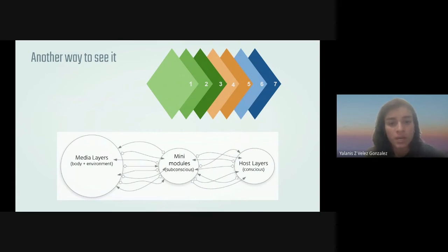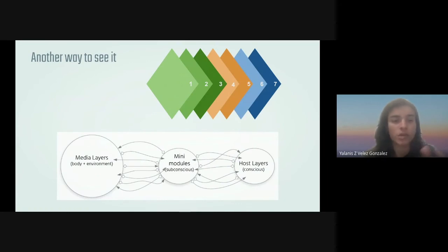And so we can also notice that our bodies are part of the media layers. So they are not in direct contact with the host layers, they are in direct contact with the mini modules. So our subconscious processing, those automatic processes, happen because of our mini modules.